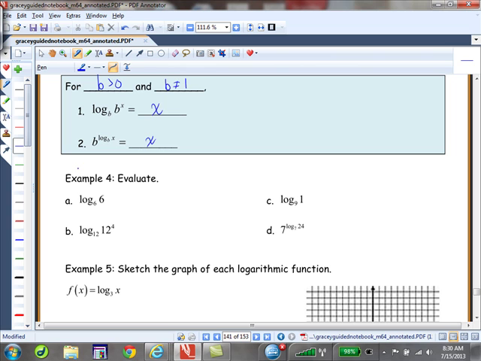And this is because they're inverses of each other. So log base 6 at 6: the power to which I raise 6 to get 6 is 1. Part B, log base 12 at 12 to the 4th. The base of the log is 12, the base of the exponential is 12, so we get that 4 there. Log base 9 of 1: the power to which I raise 9 to get 1 is 0.